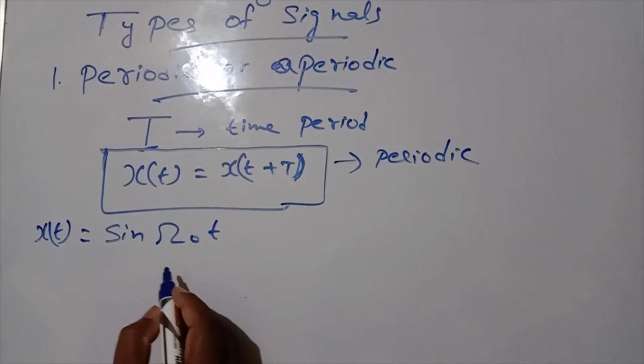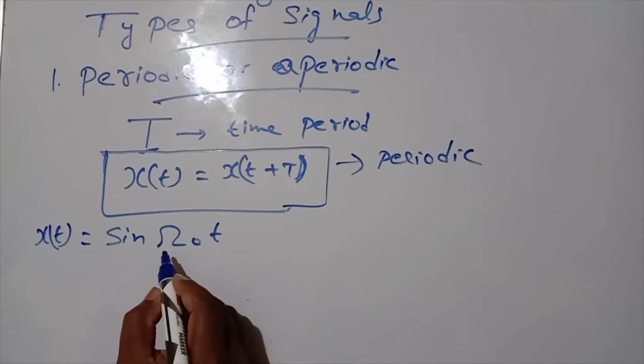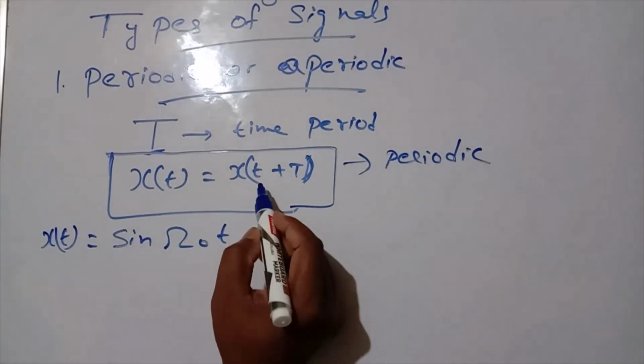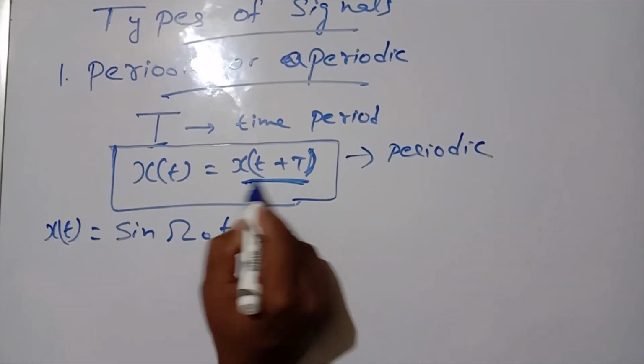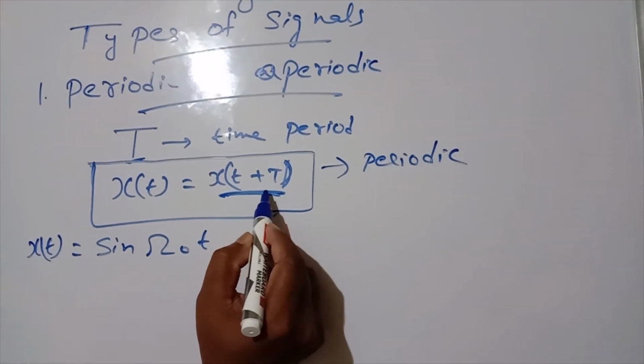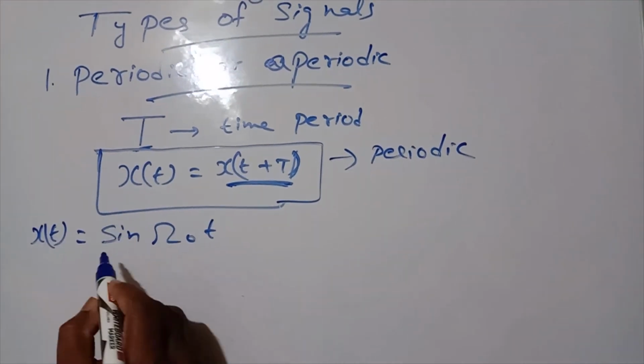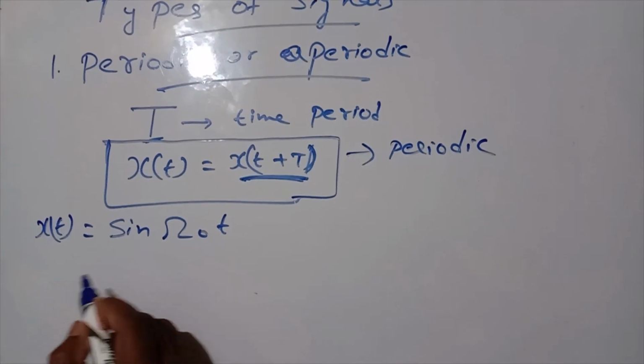of t. Then to find whether it is periodic or not, we have to find x of t plus T. If we get the same x of t, then sine omega 0 t will be periodic.